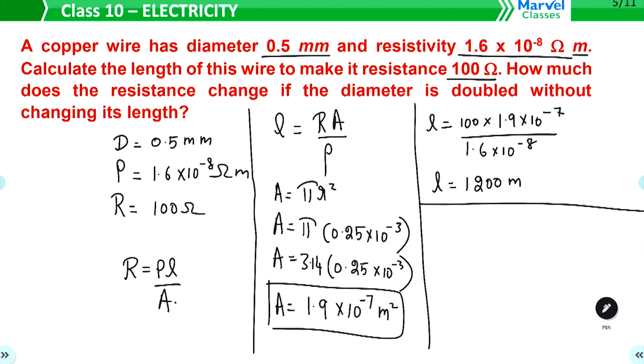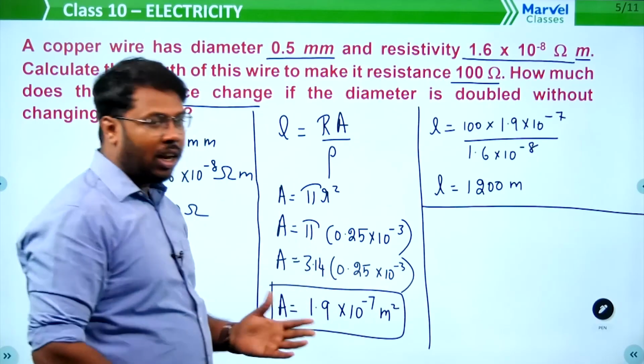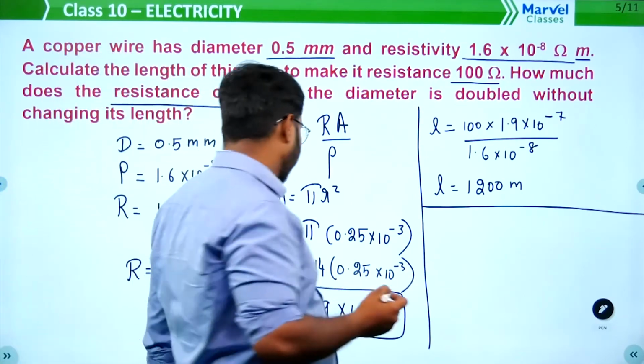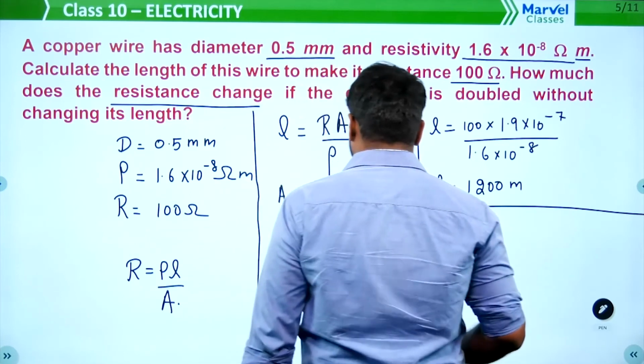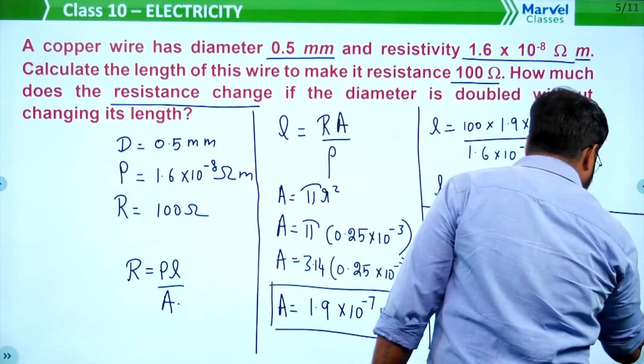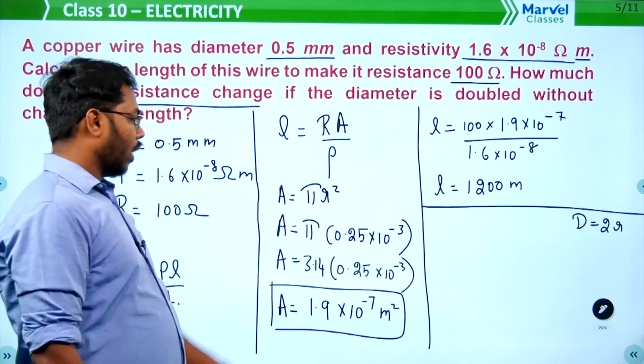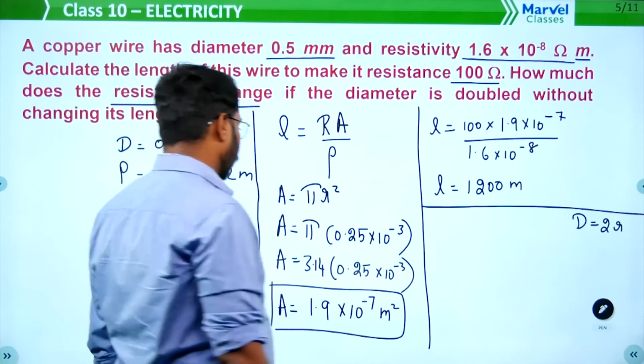In the second part of the problem, how much does the resistance change? What will be the resistance if you double the diameter without changing the length? I will first find how much my area is going to change if I double the diameter. Diameter is 2 times the radius, so radius will be d by 2.